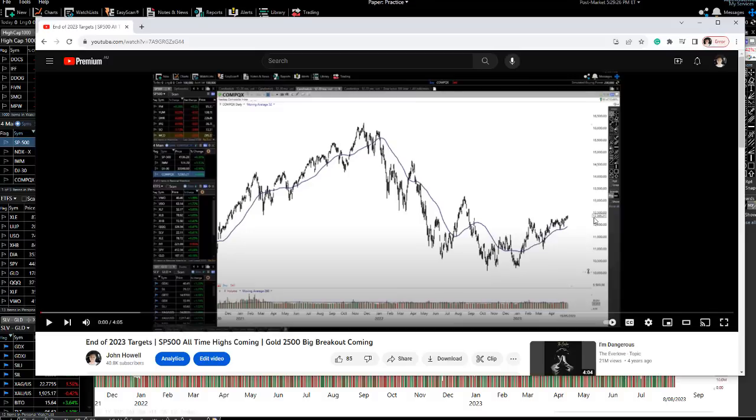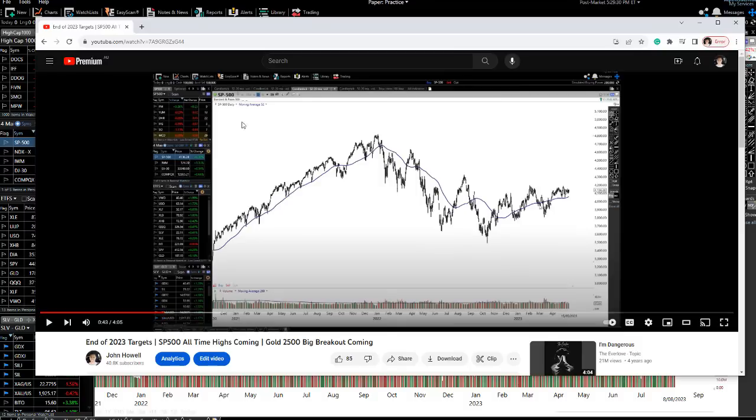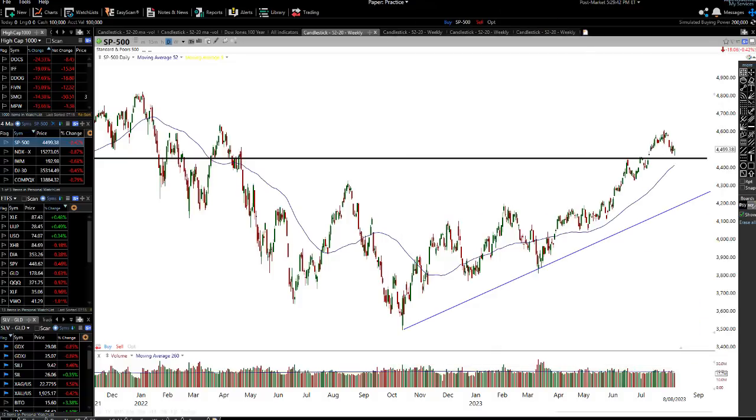I actually say on this one that I'm expecting the S&P 500 all-time highs to come. So the S&P was at 4,136 when I was talking about that, which is probably around about here. And as you can see, we've gone through a big move, and the Nasdaq as well.